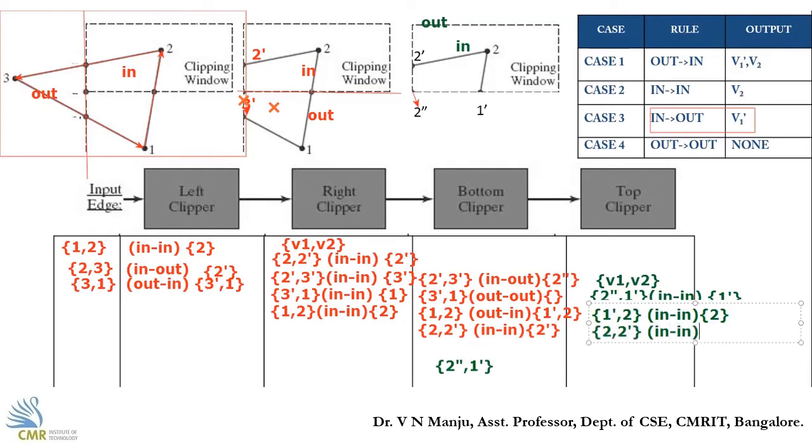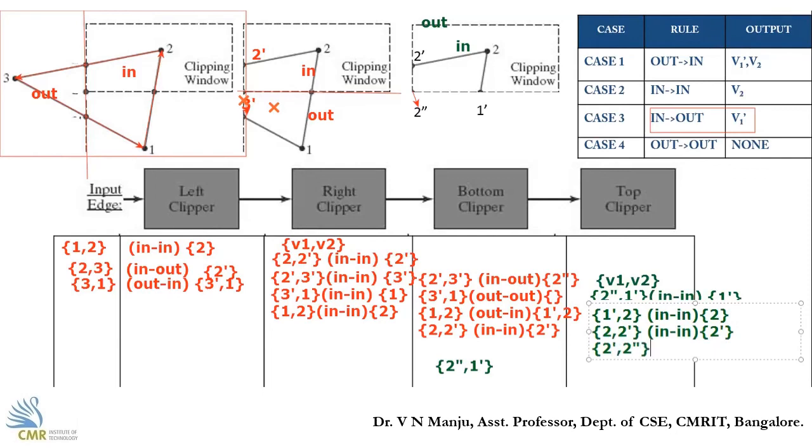So then it is 2 dash. And then next one is 2 dash comma 2 double dash.